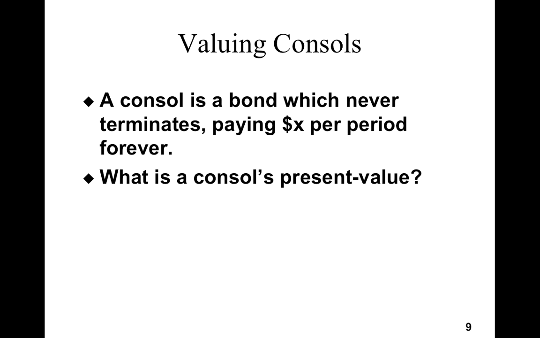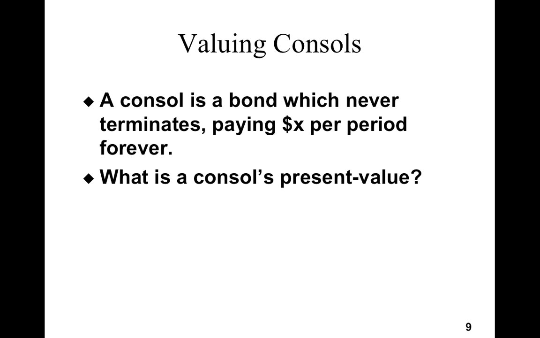An interesting case is that of a console. A console is a bond which never terminates. It just keeps on paying you X dollars per period forever. So a console can be passed from one generation to another because it never expires. The question is, how much would you now pay for such a bond?